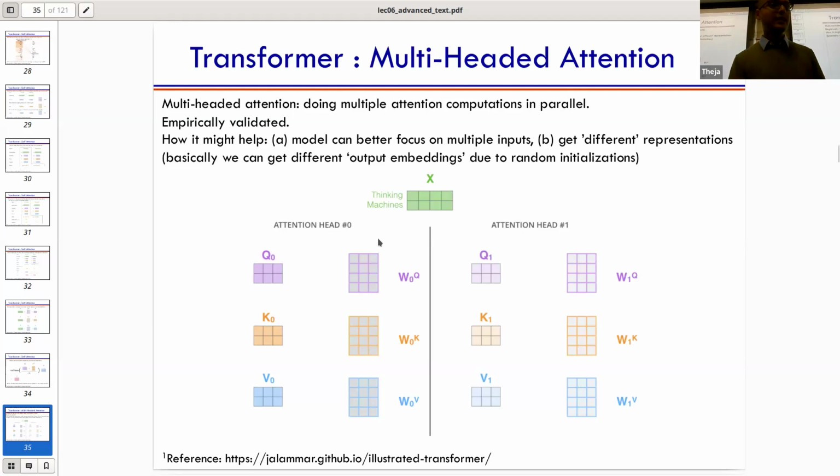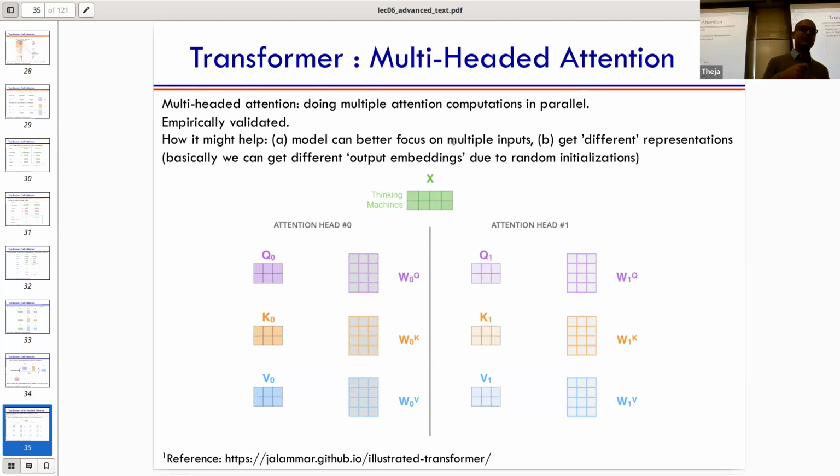The only difference is that these three matrices would perhaps be initialized differently in the model, when the model is getting trained. Okay. So how does it help? It's basically redundancy. Perhaps it should focus on both the animal and some other location, some other word. Then perhaps the first attention head lets you focus on the word animal.